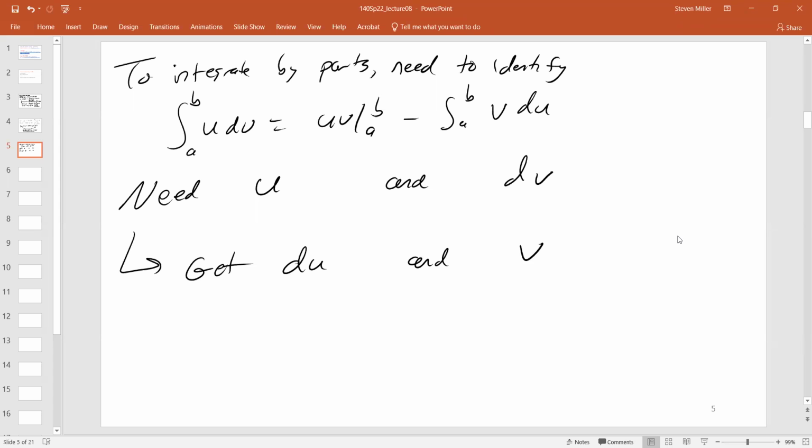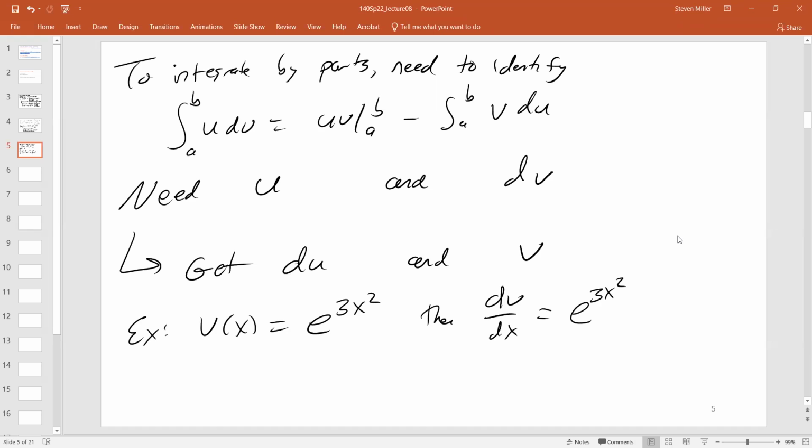And so, for example, if, say, v of x is e to the 3x squared, then dv dx, what's the derivative of e to the 3x squared? So that would be e to the 3x squared times the derivative of 3x squared, which is just 6x.